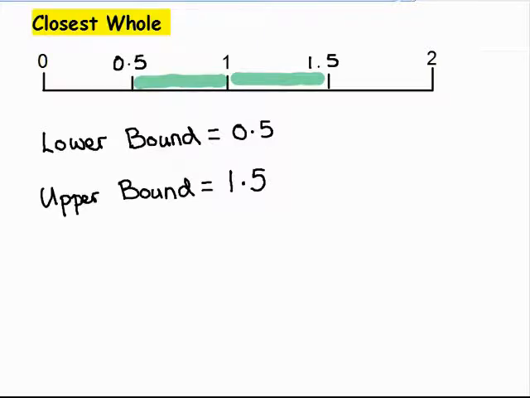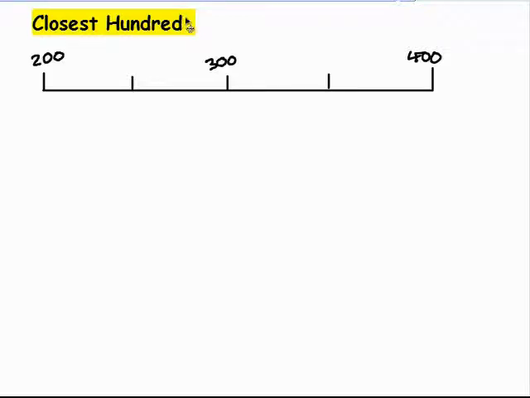So what happens if we rounded to something different? Let's assume that we have the number 300 and it's been rounded to the closest 100. What's the smallest value this could have been? Well, it's definitely not 200. We have to once again go halfway between our value and the 100 below it.